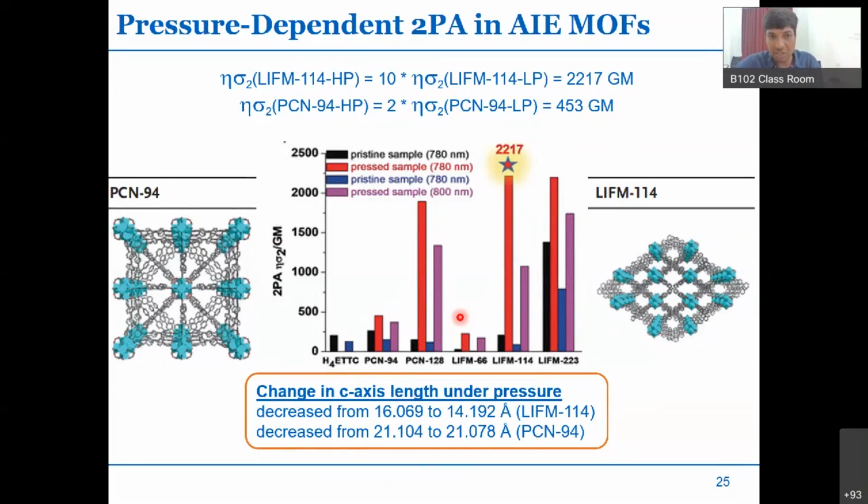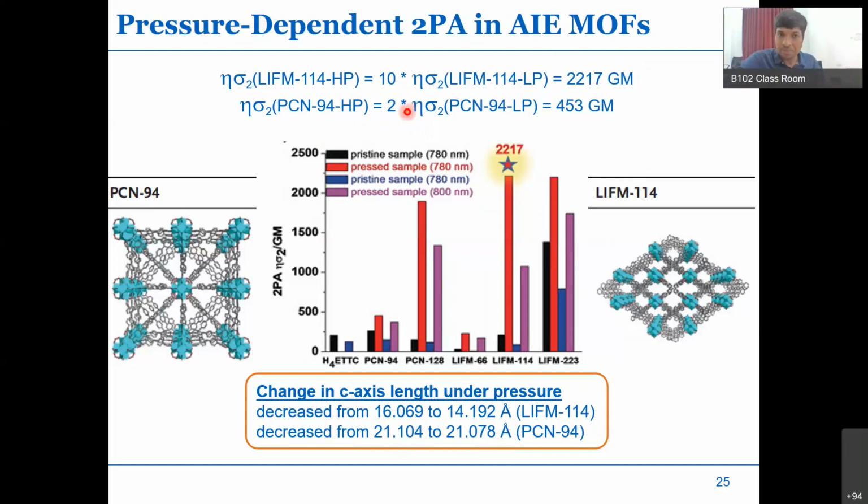In the case of LIFM, the values at high pressure, where the molecules are more strained, are 10 times higher than the low-pressure values, resulting in 2000 Goeppert-Mayer values. But when you come to the PCN structure, there is not much change in the c-axis; it cannot be pressed much.